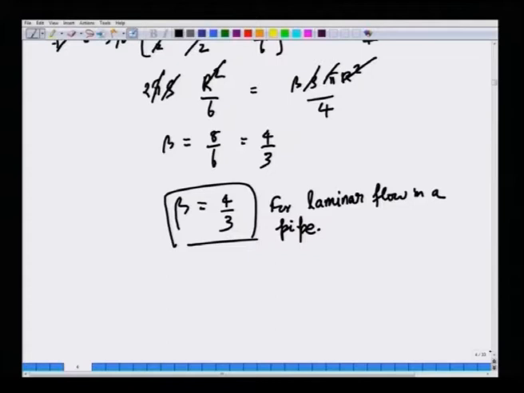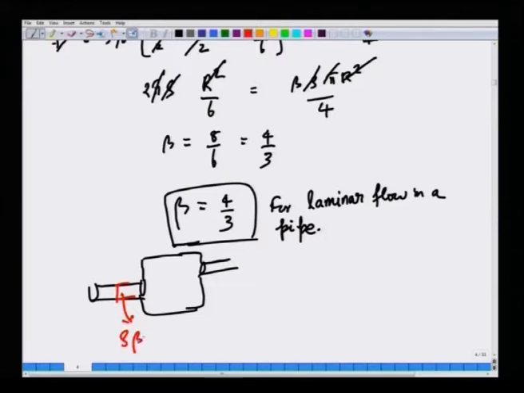So, likewise, this is the momentum correction factor. What is the advantage? Whenever you have a problem in which you have laminar flow in a pipe that connects various equipment, and your control surface cuts across the cross section of the pipe, whenever you want to calculate the momentum flux integral, all you can do is write this as rho beta V average squared times area.